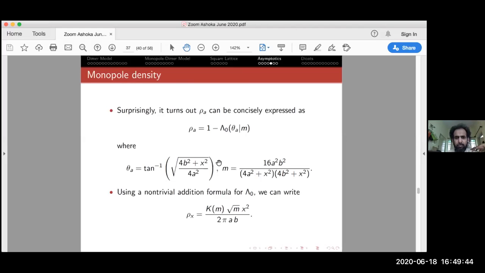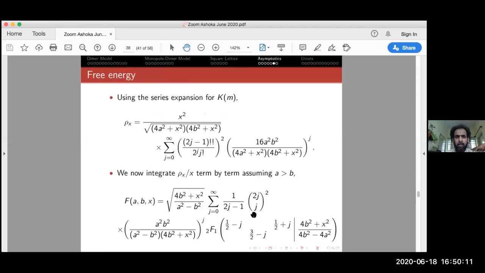And using some other formulas involving the Heumann lambda function, you can write this density of monopoles quite simply, which involves just the complete elliptic integral of the first kind with some prefactors.